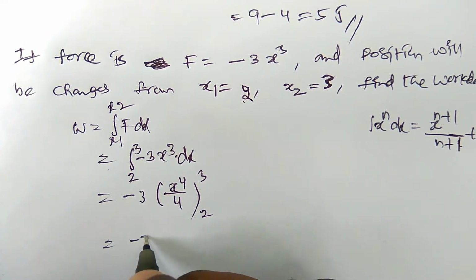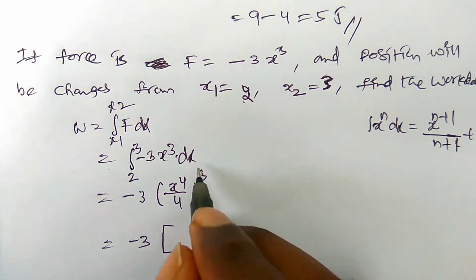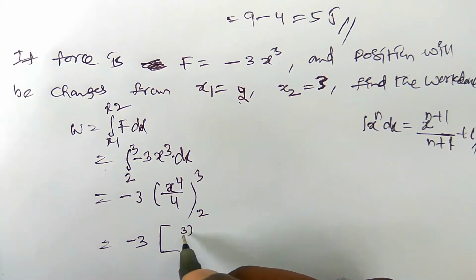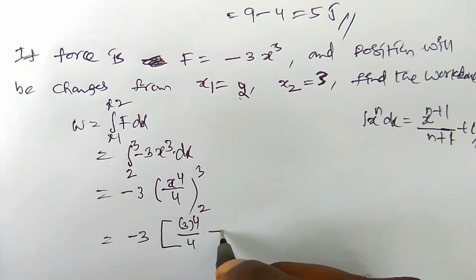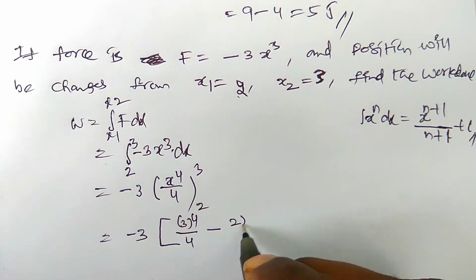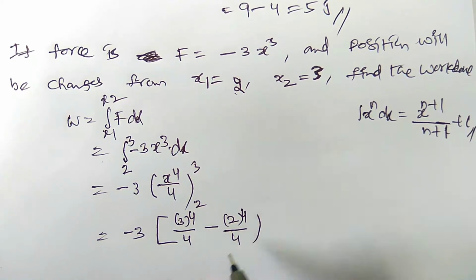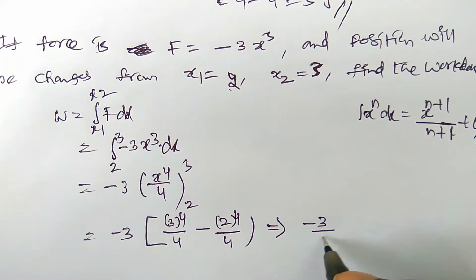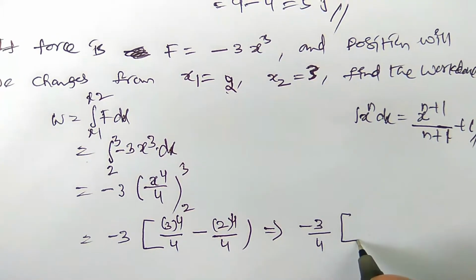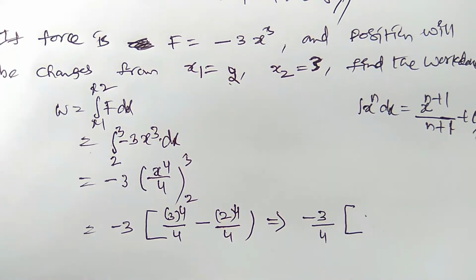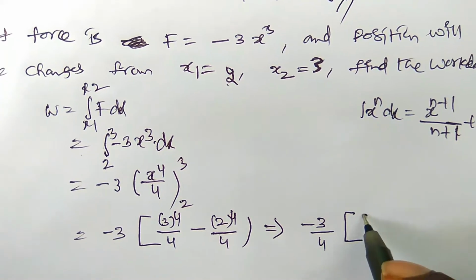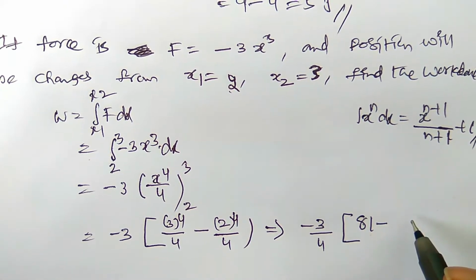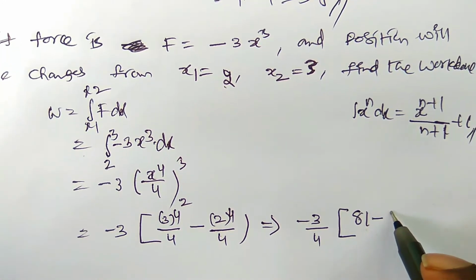It is minus 3 into x power 4 by 4, which is 3 power 4 by 4 minus 2 power 4 by 4. You can write minus 3 by 4 as the LCM. 3 power 4 is nothing but 81, minus 2 power 4: 2 2s are 4, 2 4s are 8, 2 8s are 16.